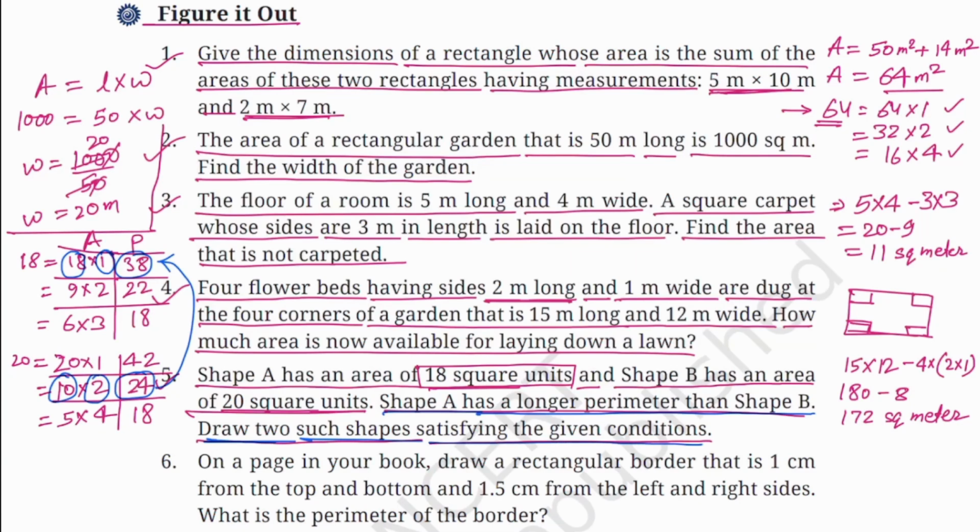The second case could be, you can take length 5, width 4, such that perimeter is 18 for shape B. And when compared to shape A with length 9, width 2, perimeter 22, you can see in these two cases, perimeter of shape A is more than perimeter of shape B, though area of shape B is more.